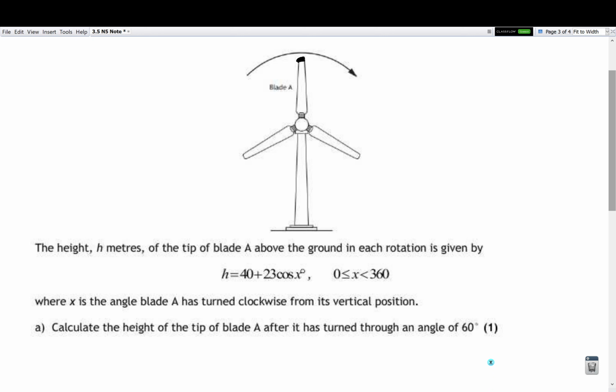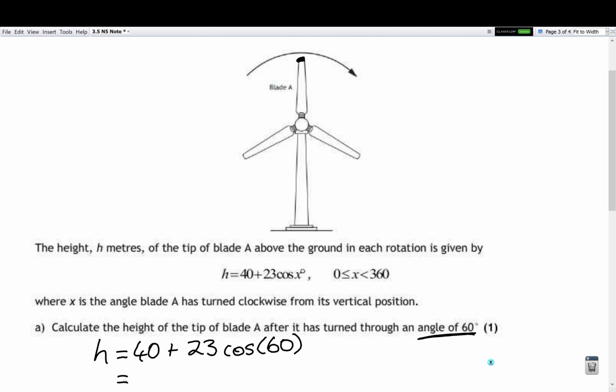So we've got: calculate the height of the tip of blade A after it's turned through an angle of 60 degrees. So what we're asked for here is to find the height when we know that x is 60. There's actually nothing difficult about this. All we're going to do is write the equation, and instead of x, we're going to put a 60 in.